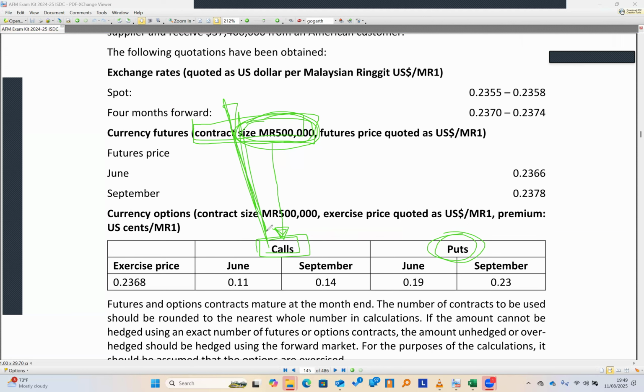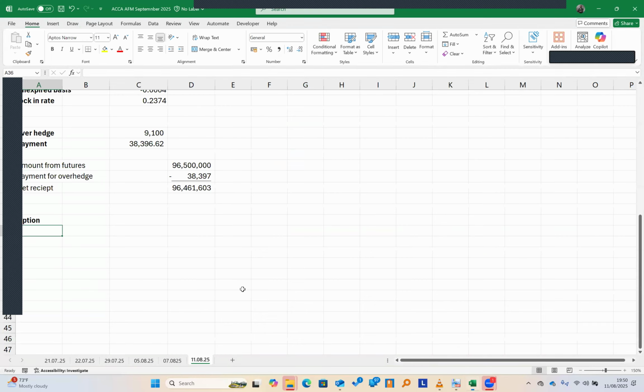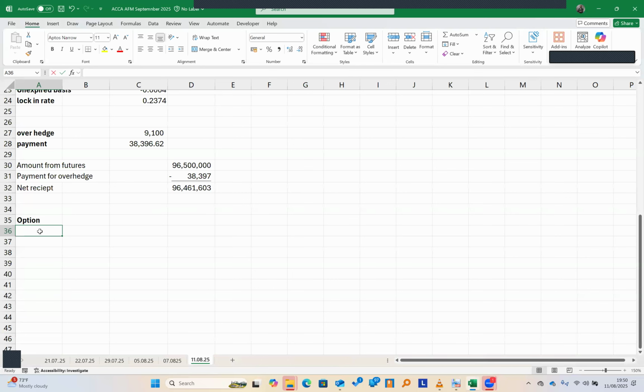So in this case, we are going to have to purchase call options, and we already know that the date is not going to work out for June. So we shall have to buy September call options.